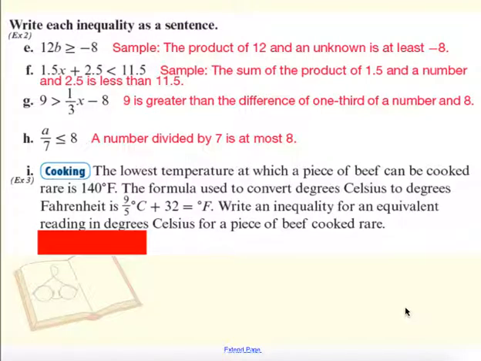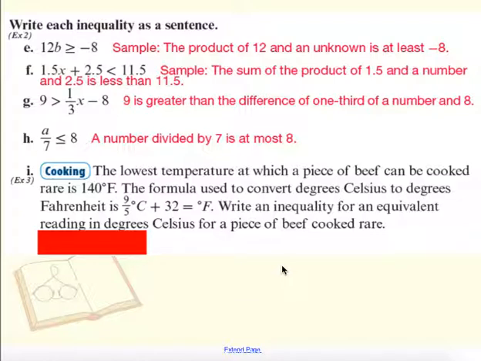And I, the lowest temperature at which a piece of beef can be cooked is 140 Fahrenheit. The formula is 9/5 C plus 32 equals our Fahrenheit to convert from Celsius to Fahrenheit. So write an inequality for an equivalent reading in degrees Celsius for a piece of beef cooked rare.